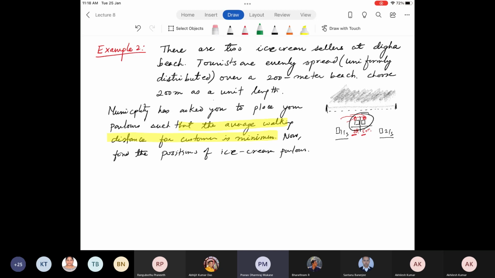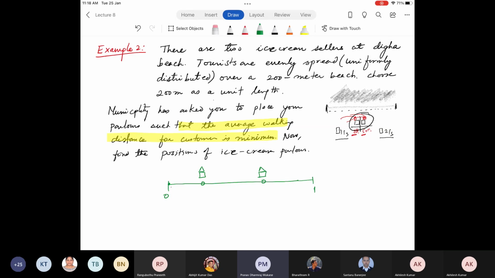So if we want to model, the idea is to learn how to formulate such problems. Let's say I have a beach of length 1 meter. I have to find the places for my ice cream parlor. So what we end up doing here is converting the words into equations.